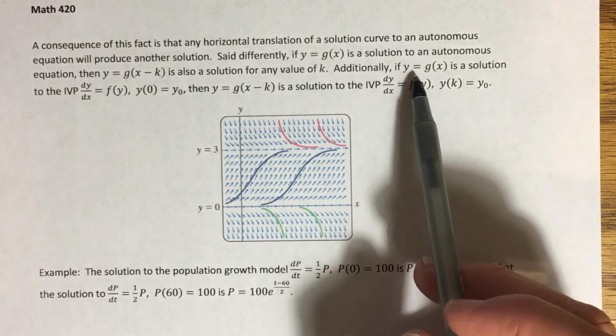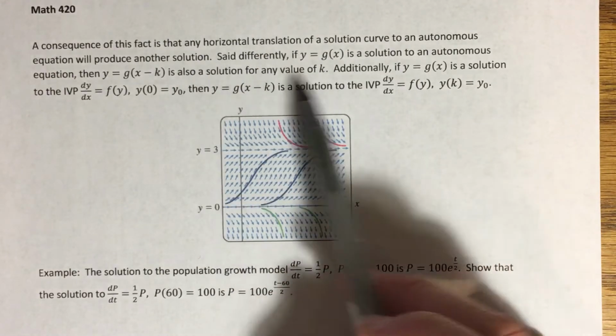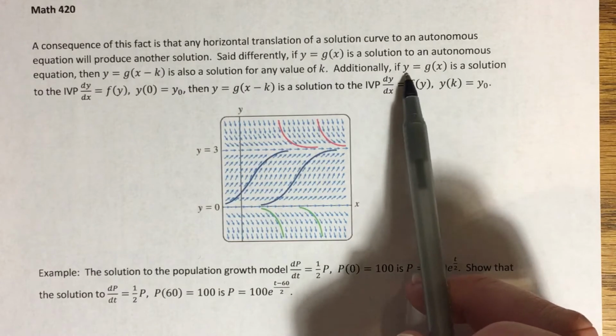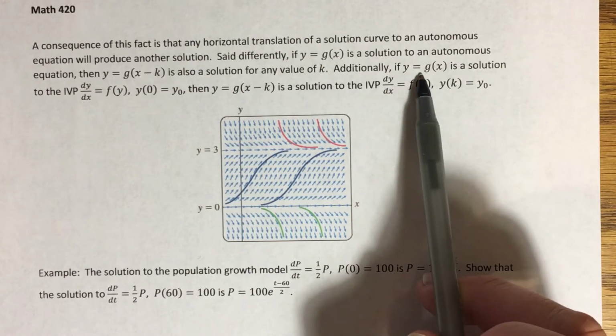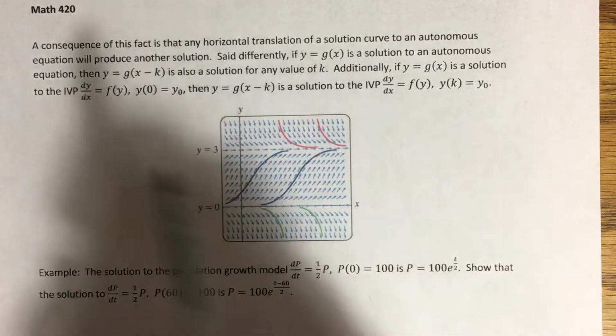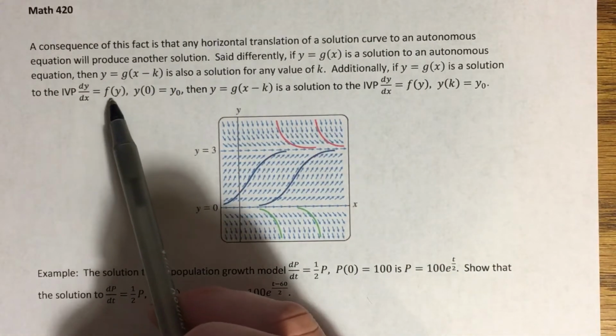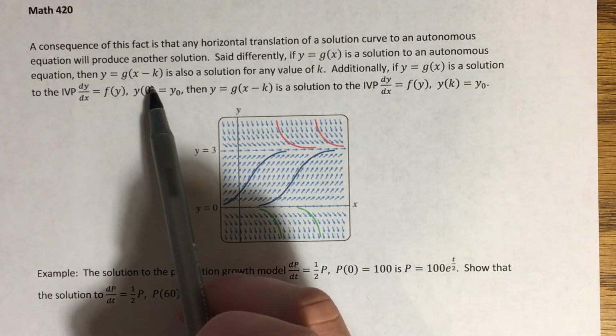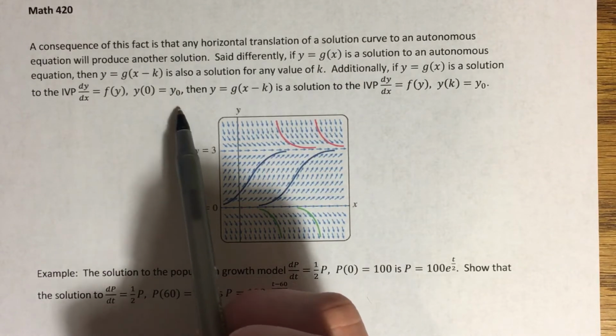But let's suppose that, again, we have some DE, and we found one solution, y equals g of x. But let's suppose this is not just a solution to the DE, it's a solution to an IVP, specifically something of this form: dy/dx equals f of y, and the initial condition is y of 0 equals y naught. Okay?